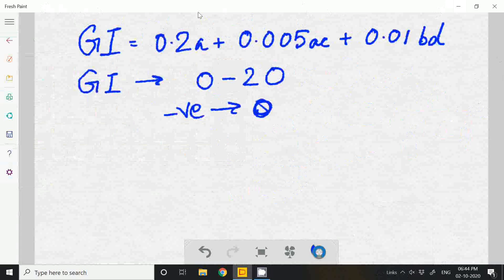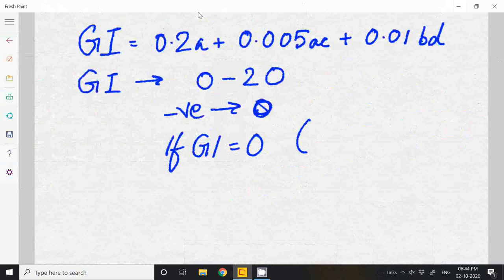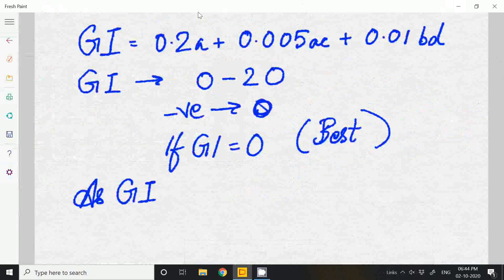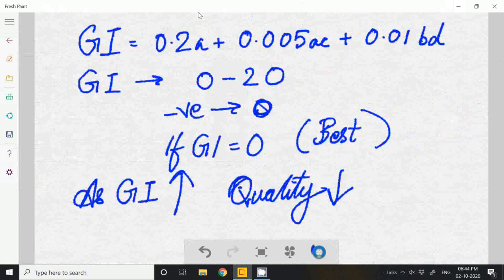If we get GI as 0, we can say that it is best. As the GI value increases, the quality decreases.